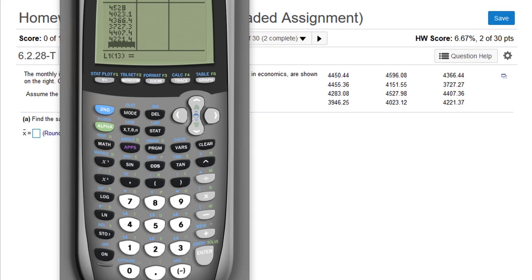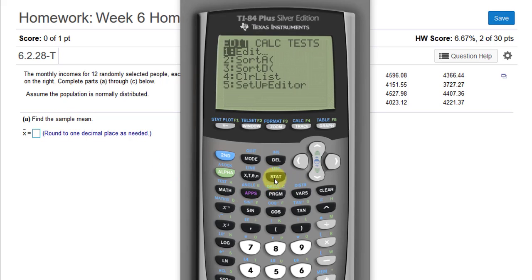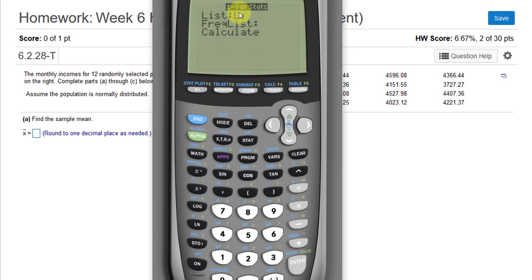So after you store all the 12 data values in here, to find the sample mean, you go to Start, Calculation, the second one, choose the one variance statistic. So hit Enter for the first option, and then the list is list L1 because we store the data in the list L1.